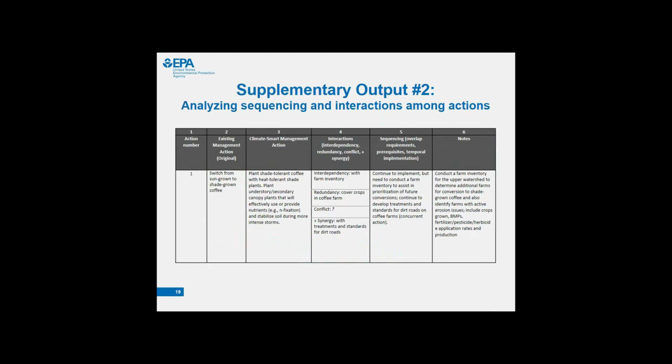The redundancy question is, of course, if you are using shade-grown coffee that can tolerate a shady, stabilizing canopy, that is mutually exclusive to growing non-shade tolerant coffee, the regular coffee, and using cover crops. So another technique is to, in between coffee crops, plant cover crops to stabilize the soil.